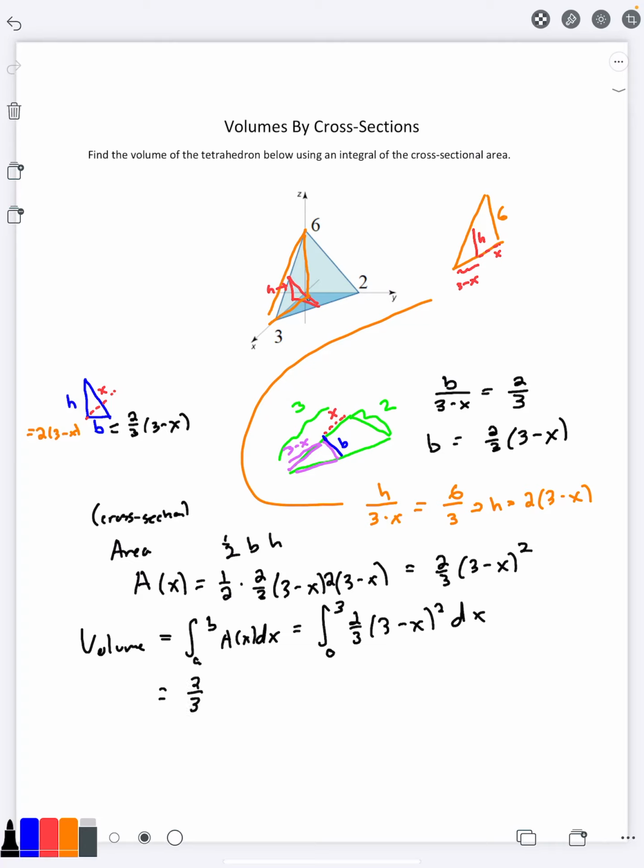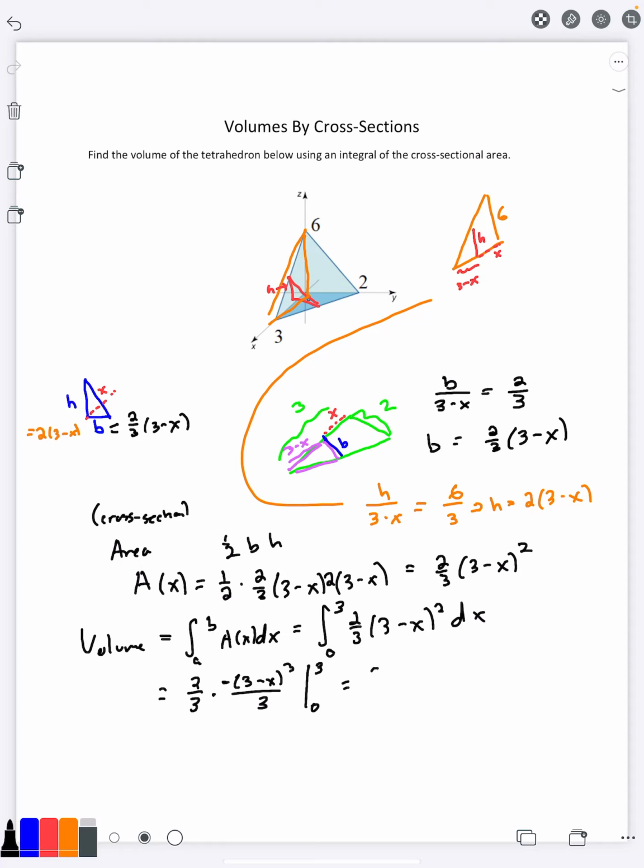Since that's not the focus of what we're doing right here, I'm going to skip the work to get the answer. So the (3 minus x) is going to go to (3 minus x) to the 3rd power over 3, and there's going to be a negative 1 there because of the negative x inside. But again, feel free to take the time to do the work to get that answer. I'm just skipping because we're focusing on the new technique, not the integral technique.